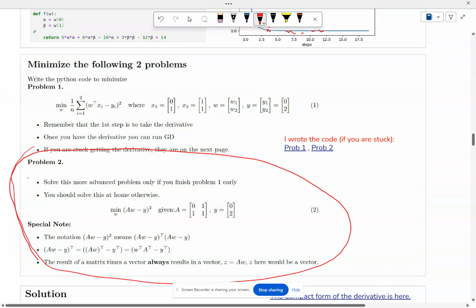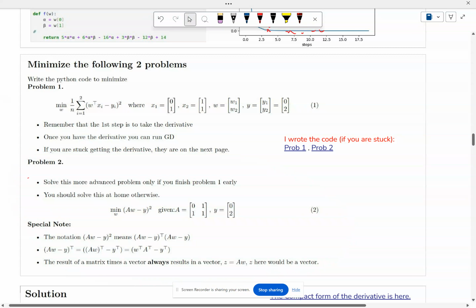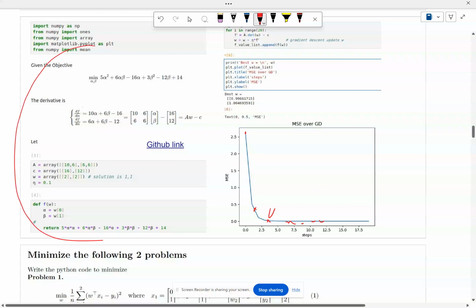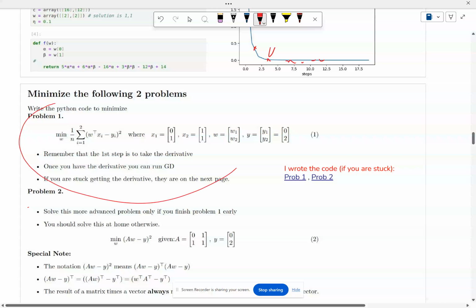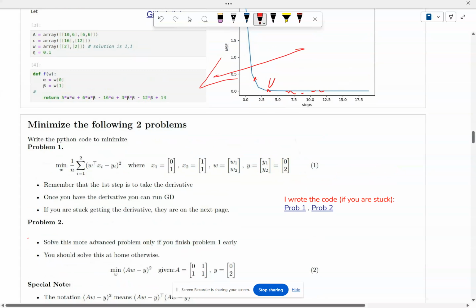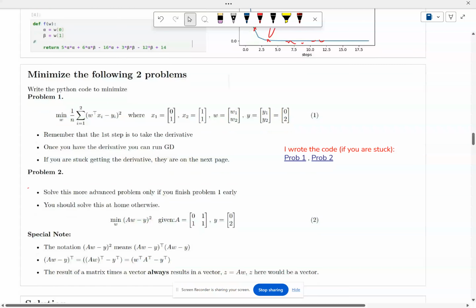Okay. This portion is really good practice. And try yourself. See if you can follow this code and then apply it to these two problems. Now, if you're really stuck, I have the code for you, but ideally you gain the ability to do this yourself, right? So by looking at this, you're able to write the code yourself over here.